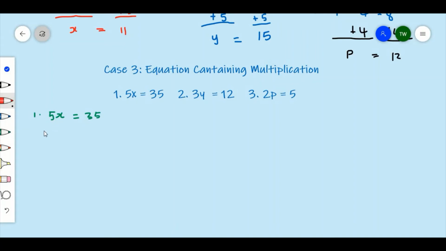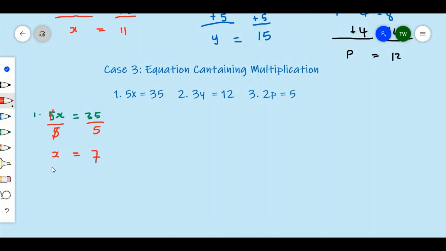So what we're going to do is divide both sides by 5. So we're going to divide this side by 5. We're also going to divide this side by 5. Right? So here, 5 will cancel out 5, leaving us with just x equal to 35 divided by 5. That's what's going to give us 7.